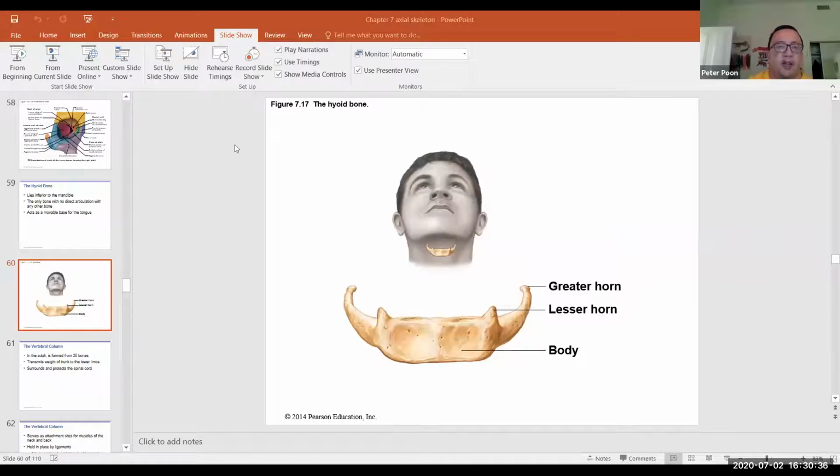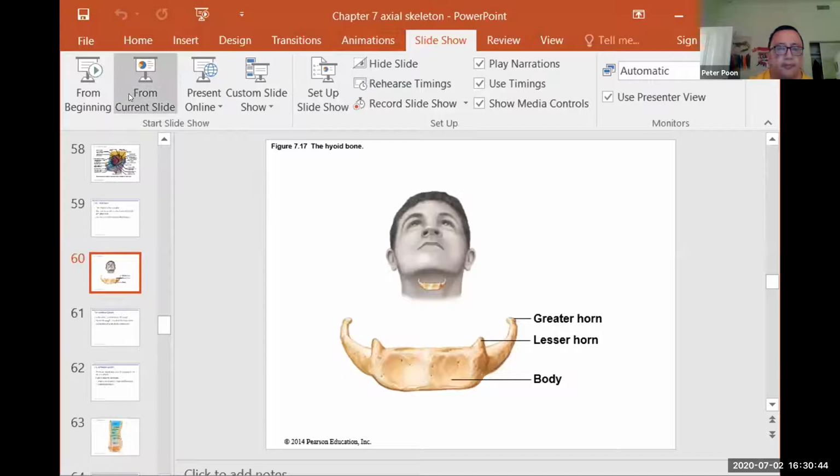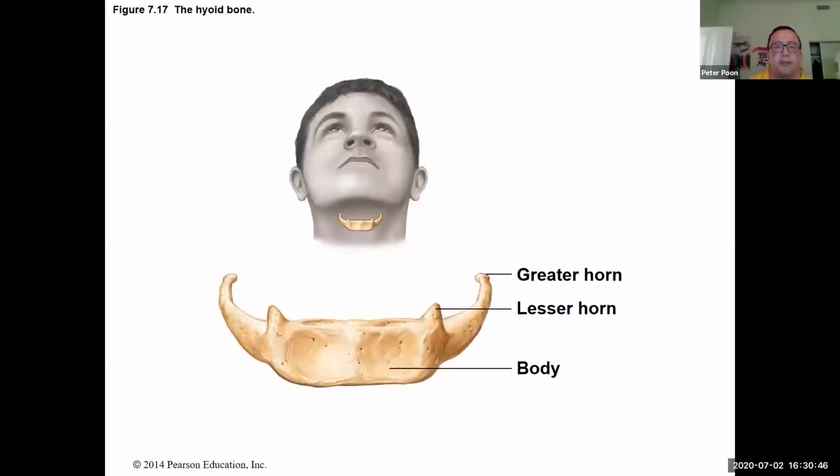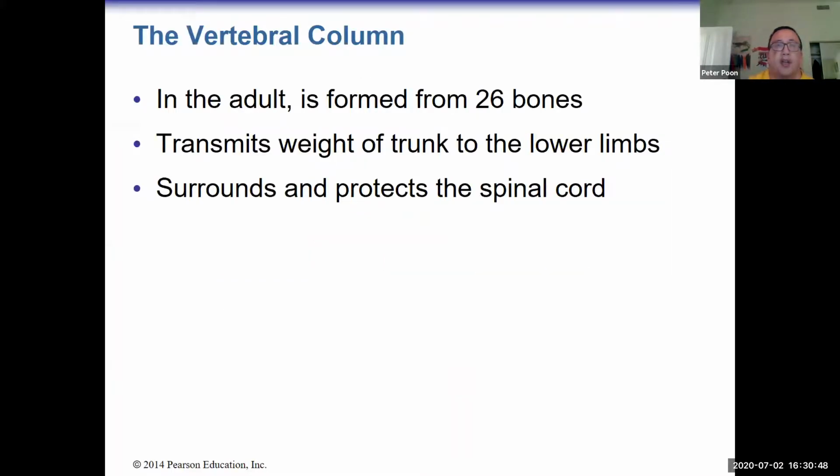Okay, let's look at the vertebral column. The vertebral column, in an adult, is formed from 26 bones. As an infant, you actually have more bones, but slowly over time they become fused.